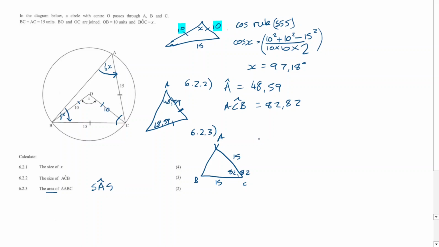And so I can dive straight into getting the area as just half base times height, so it's the two next door neighbors, times sine of the angle, and that gives me my final answer for the area of 111,62. I don't know if it's centimeters, so I'm just going to call it units squared.